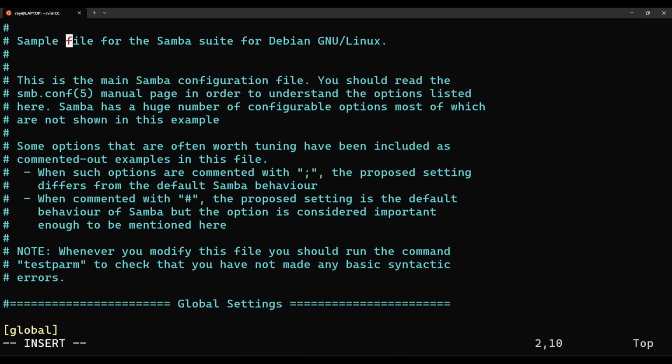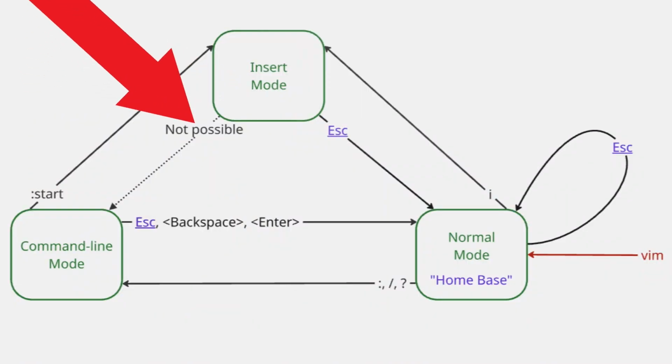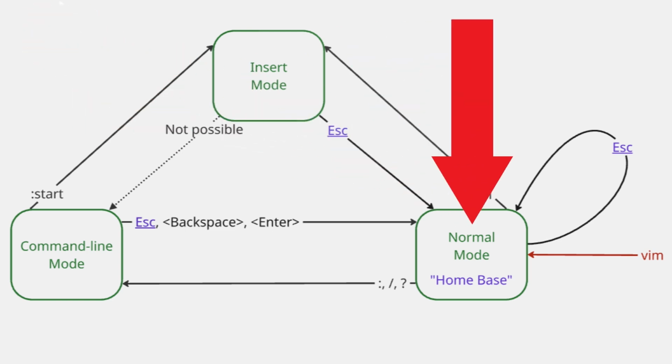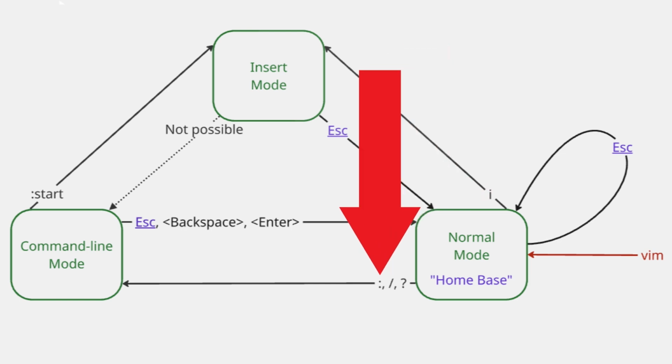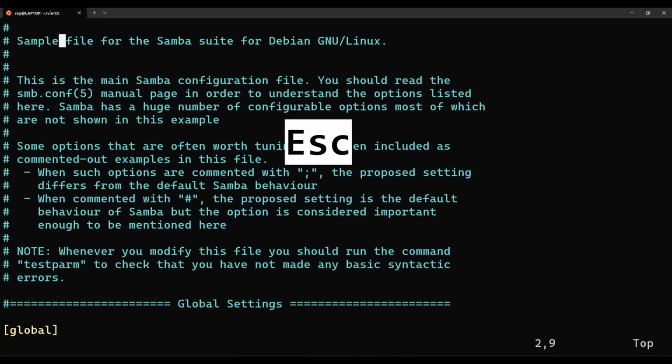But there's a problem. We are in insert mode and cannot go directly to command line mode. So we need to go to normal mode first, then command line mode. So first we go to normal mode. Now we can save our changes with the right command.